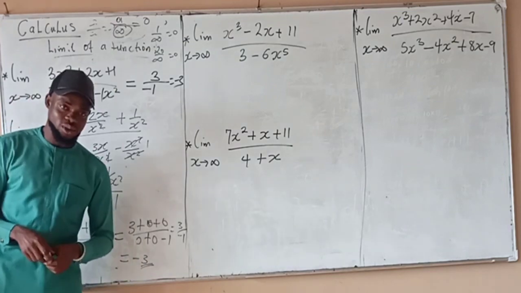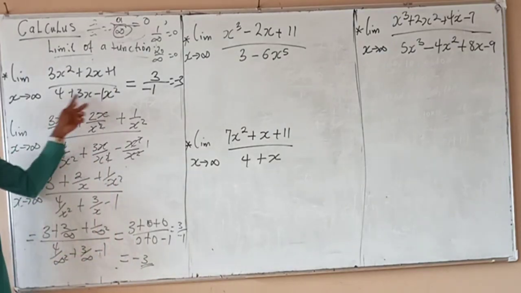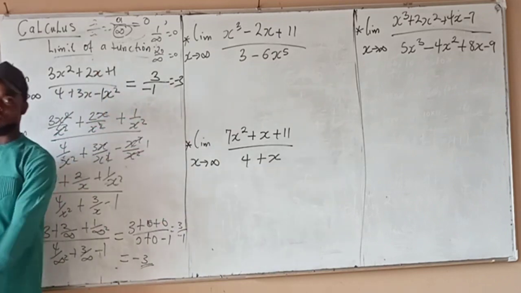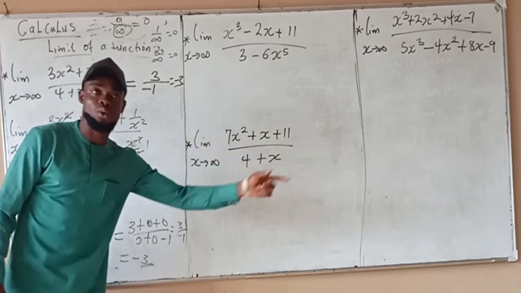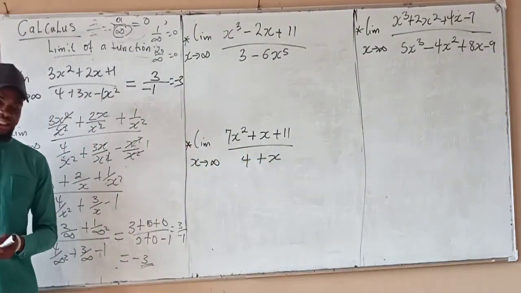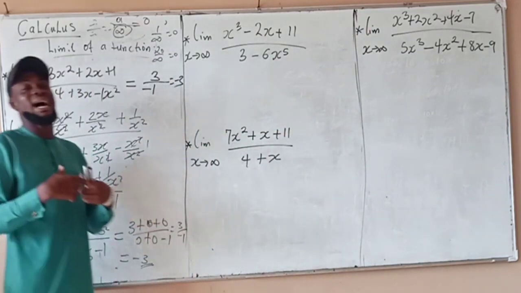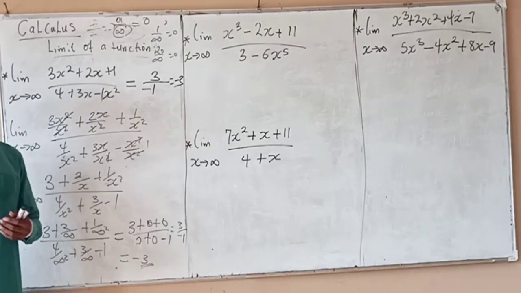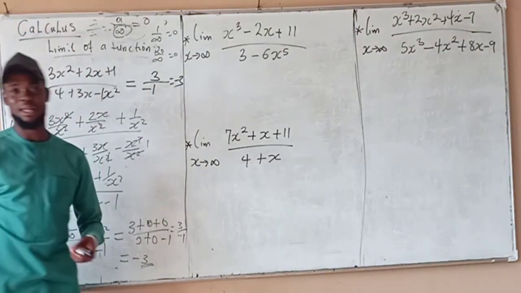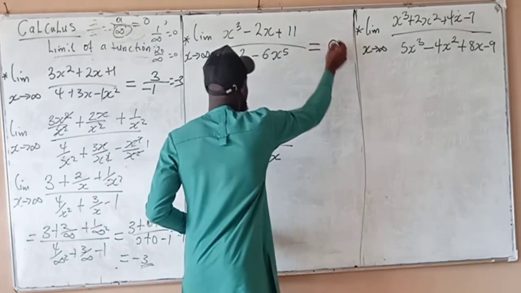Listen to this. If both sides have the same highest power of s, pick their coefficients, and that becomes the answer. But if the denominator has the highest power, that is, the power of s in the denominator is higher than in the numerator, the answer must be 0.